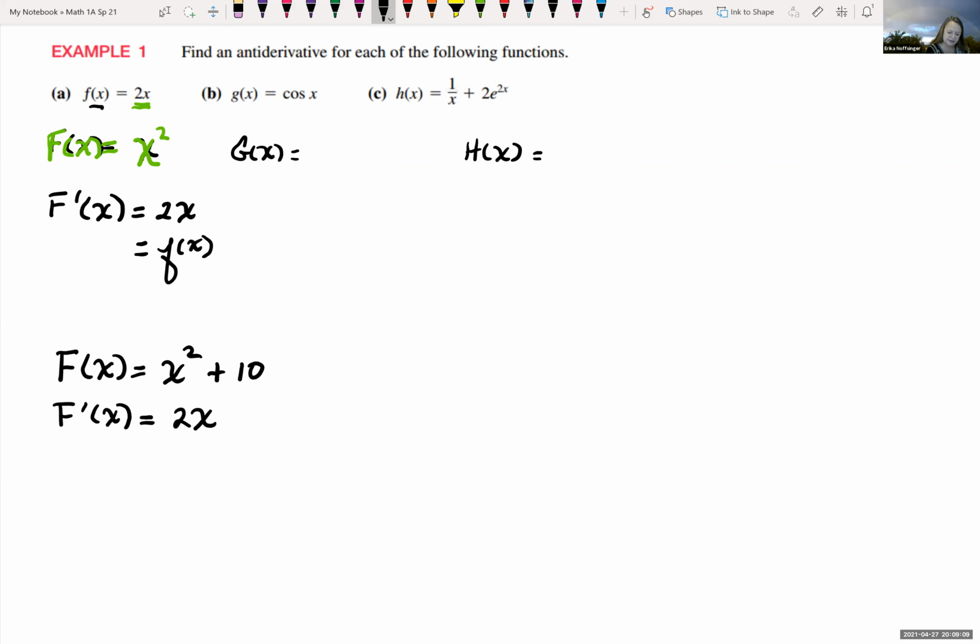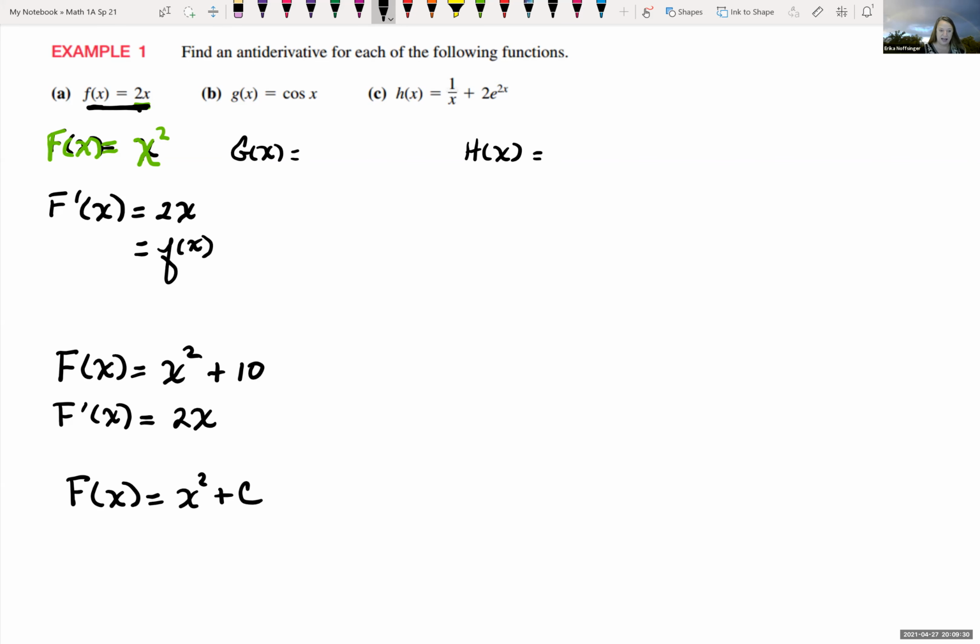So that still gives me back my little f of x. But that means, right, can I add any constant in there? Because when I take the derivative of a constant, that's going to go to 0.